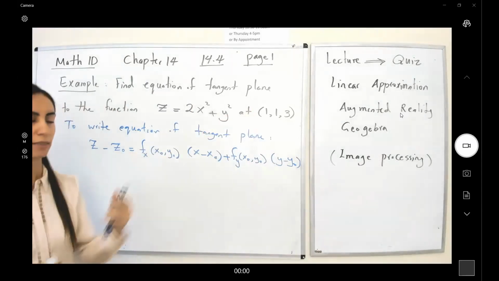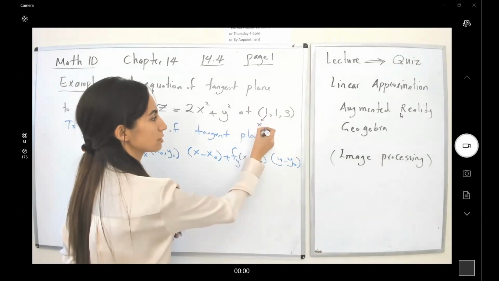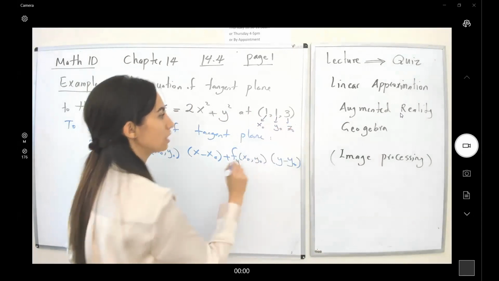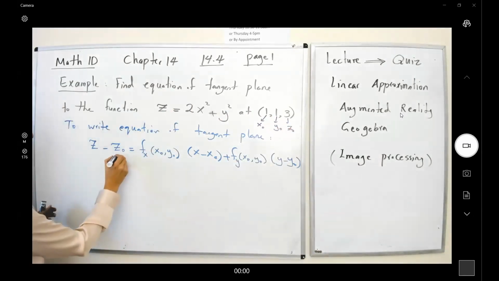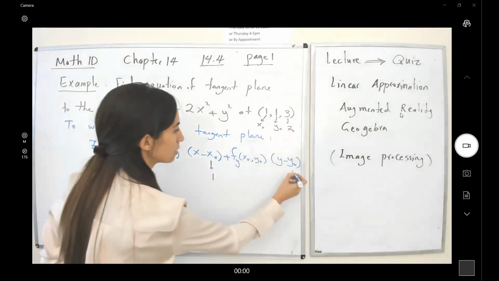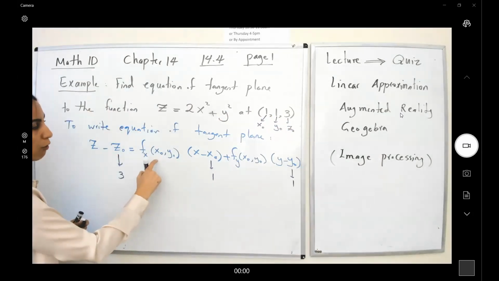So let's take a look at the point here. 1 is the first coordinate, 1 is the second coordinate, and 3 is the third coordinate, z sub 0. So this is 3, this is given 1, this is given 1.